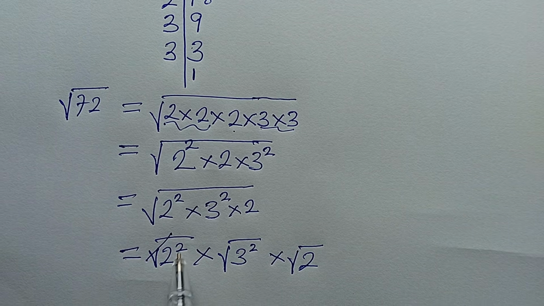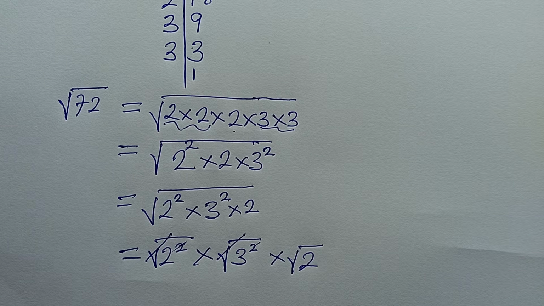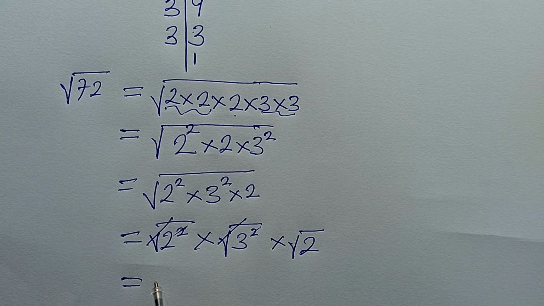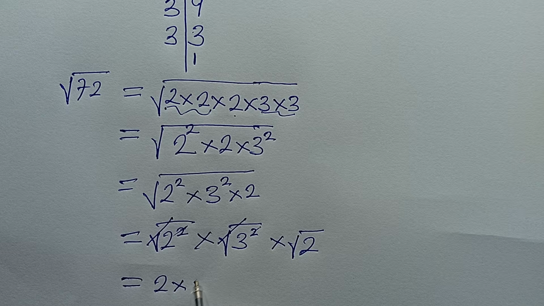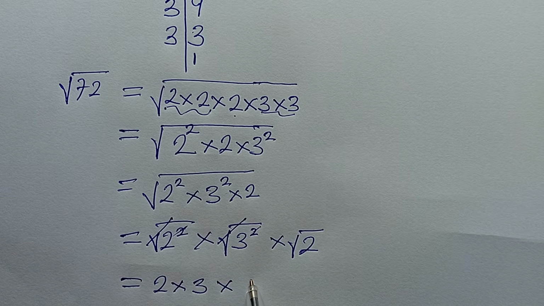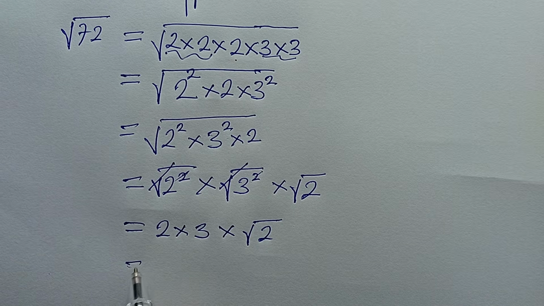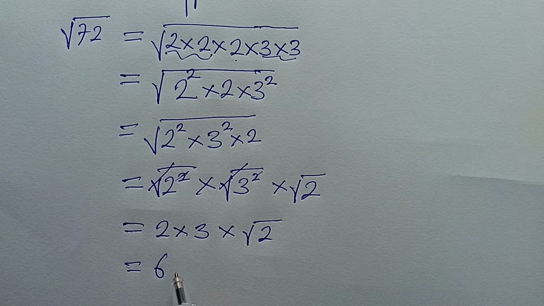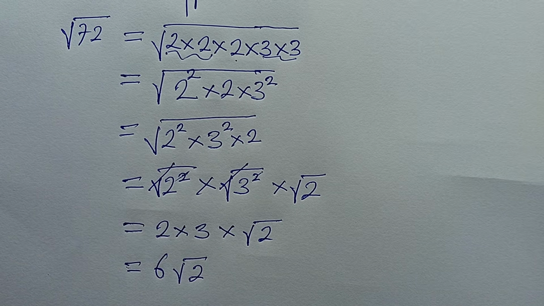So this radical will go with these two, and this will go with this. We are now left with 2 times 3 times the square root of 2. And so this is going to end up giving us 6 root 2.